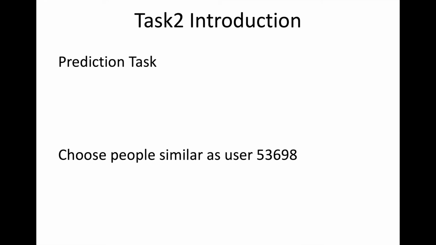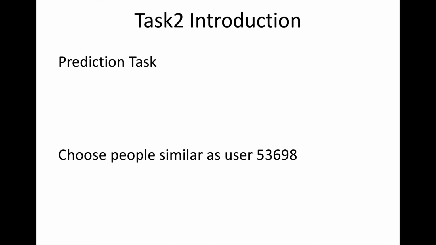So let's look at task 2. Task 2 is also a prediction task. We are going to use the features of user 53698 stored in the rating.csv, and also the features of other movies and other users that are similar to user 53698, to do the prediction task. We are going to give a rule for how we choose the people similar to a user. First, we get all the movies that have been rated by the user.